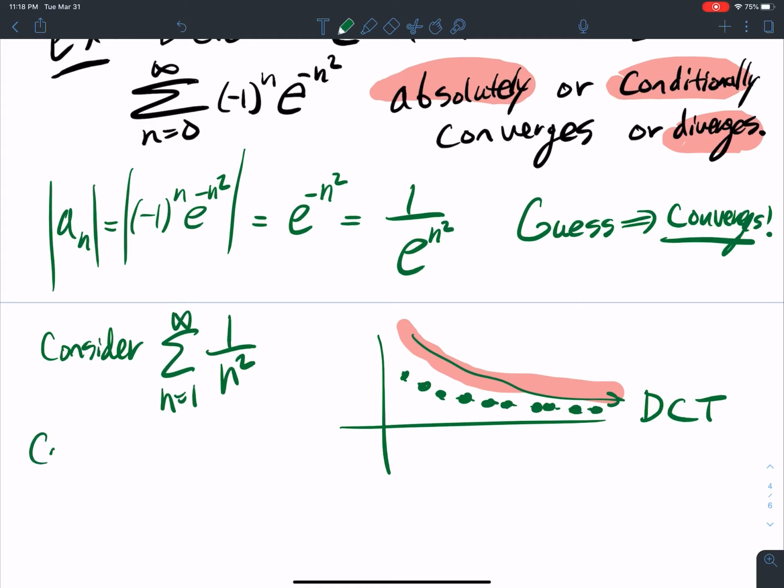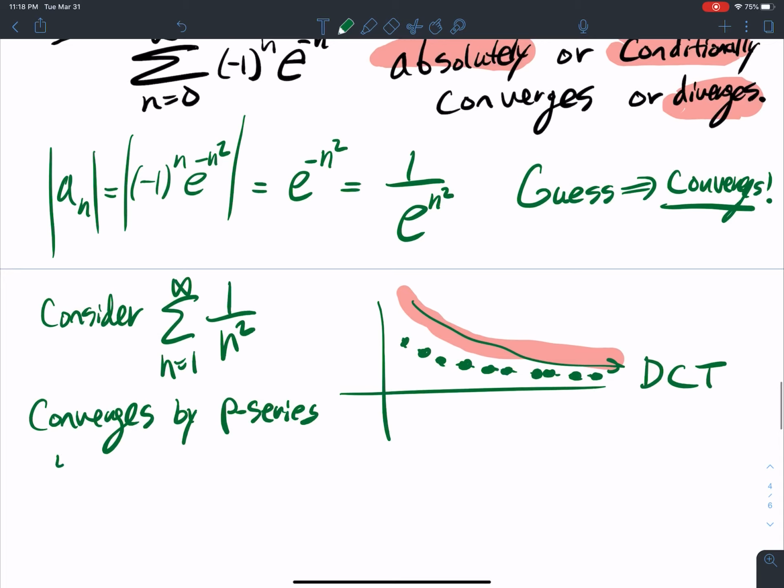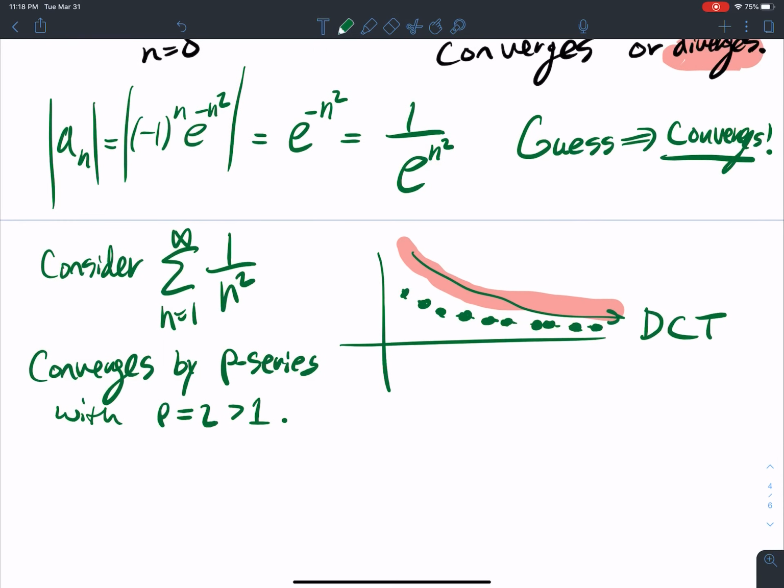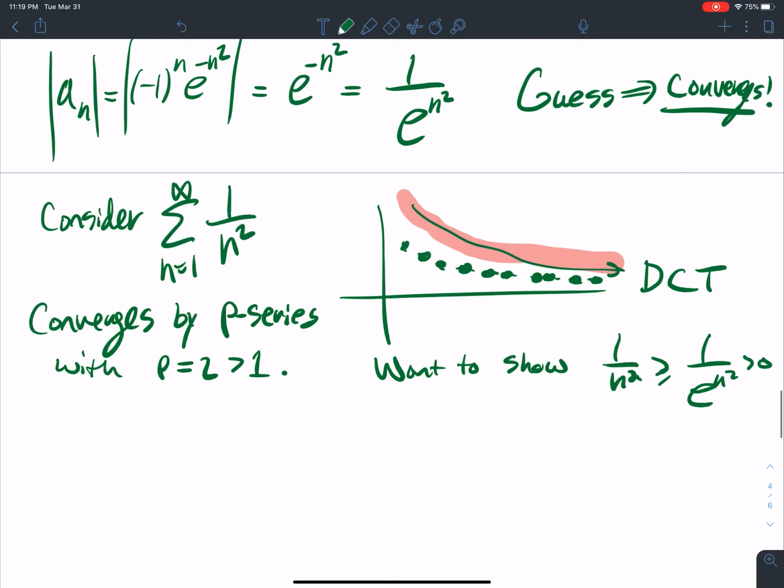We know this converges by p-series, with p equal to 2, which is greater than 1. All right, so we know that that converges. Now we want to show that 1 over n squared is greater than or equal to 1 over e to the n squared, for n greater than or equal to 1.